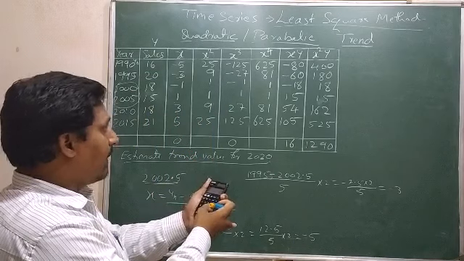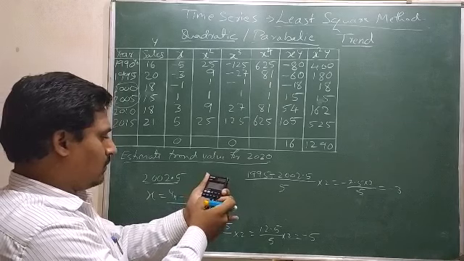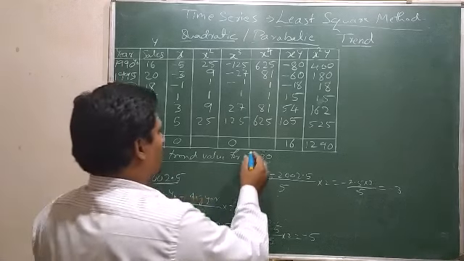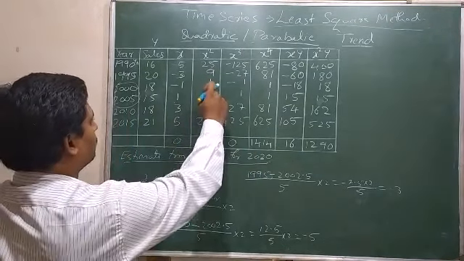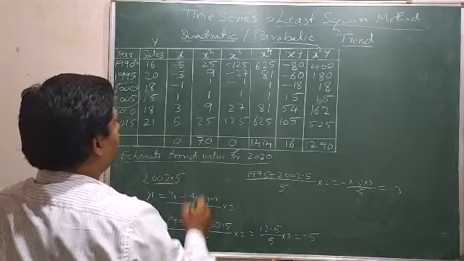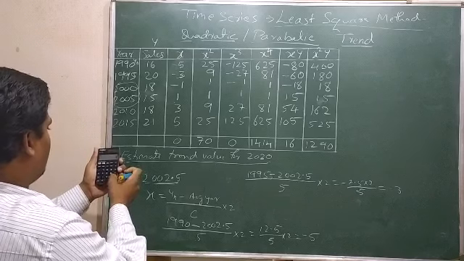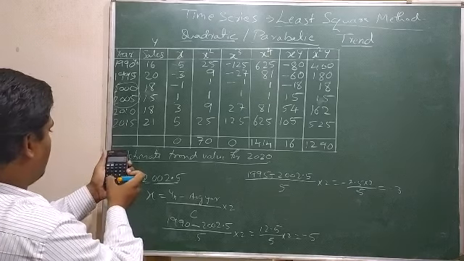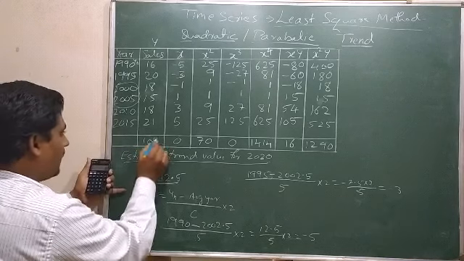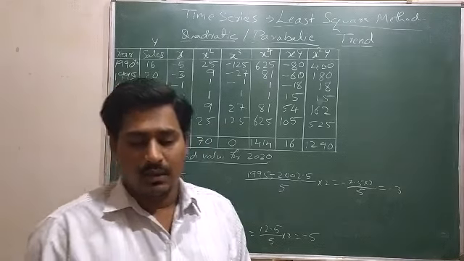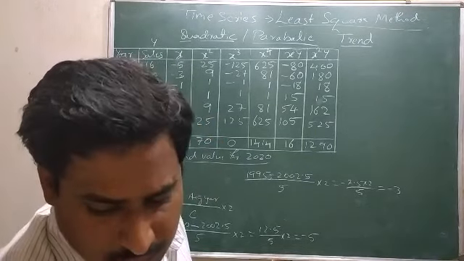Similarly, 625 plus 8, 1414 and 70, 108. Okay, so here we got the totals finally, and let us solve the equations.